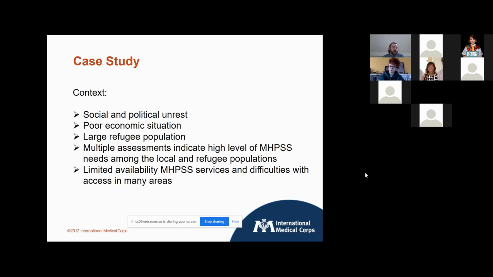In addition to this, although there are quite a number of mental health practitioners and specialists operating within the country, there still are not enough, and this is being addressed through a task shifting approach within the country as well, in terms of providing capacity building and supporting the system strengthening to provide additional MHPSS services within multiple locations in the country by non-MHPSS specialists and people who were not MHPSS practitioners prior to these projects that are being implemented at the moment.